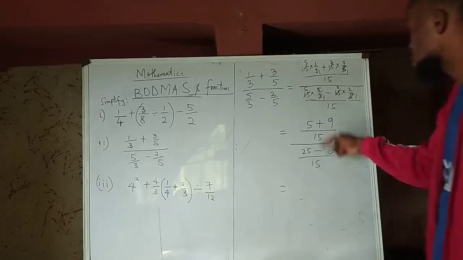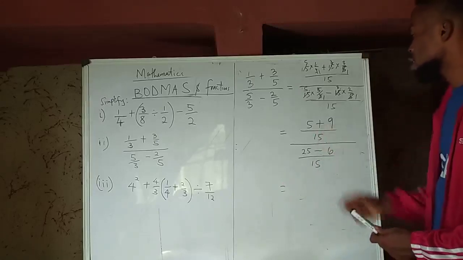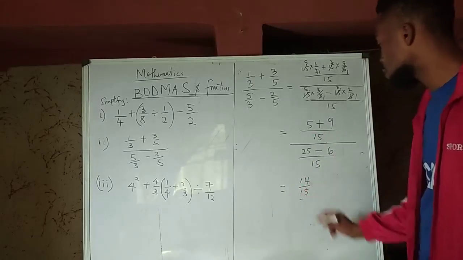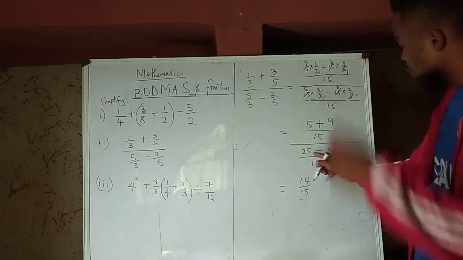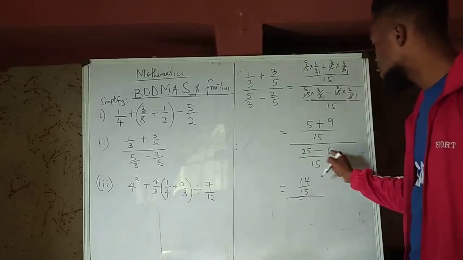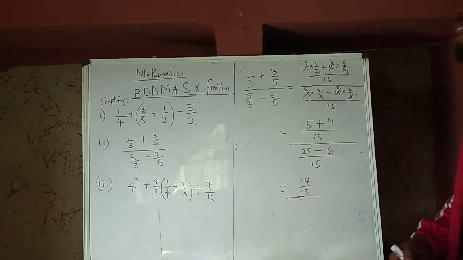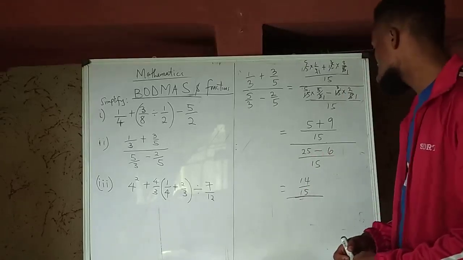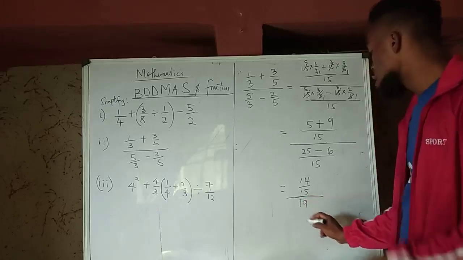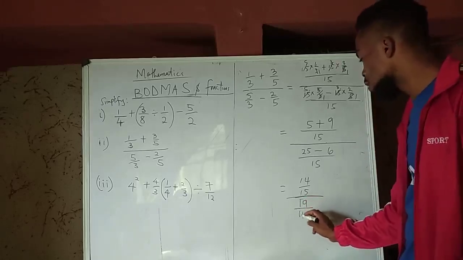So let's simplify further. 5 plus 9 is 14. So I have 14 over 15. And I also have 25 minus 6. 25 minus 6 is 19, all over 15.